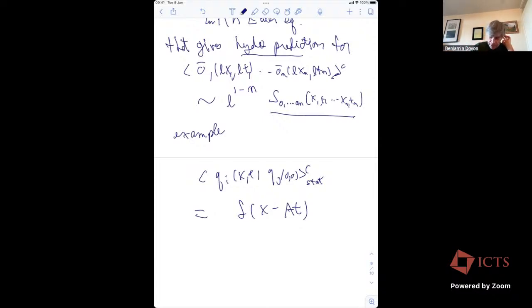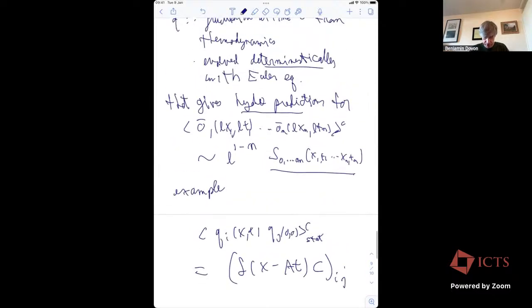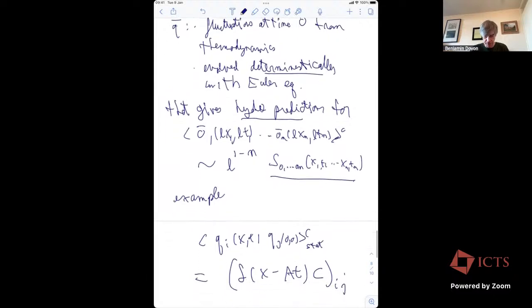This is times the matrix C, which was the covariance matrix, and this is a product of matrices evaluated at ij. So that's a general universal formula for the two-point function in stationary states. There are also universal formulas for three-point functions, which are rather complicated, but which can be written in 1D, that come from this kind of theory.